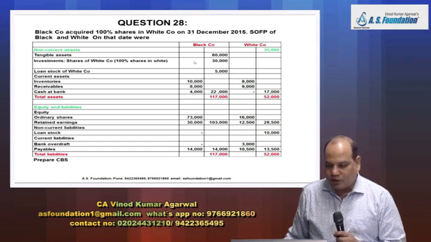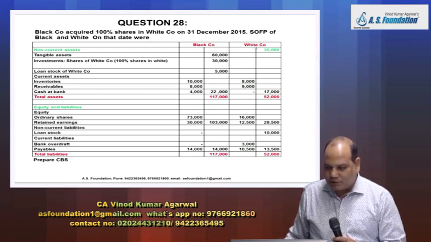But first we will calculate goodwill, or gain on bargain purchase. How do we compute it? This is their separate financial statement where it is appearing at 30,000, and we have to find out the fair value of the identifiable net asset.